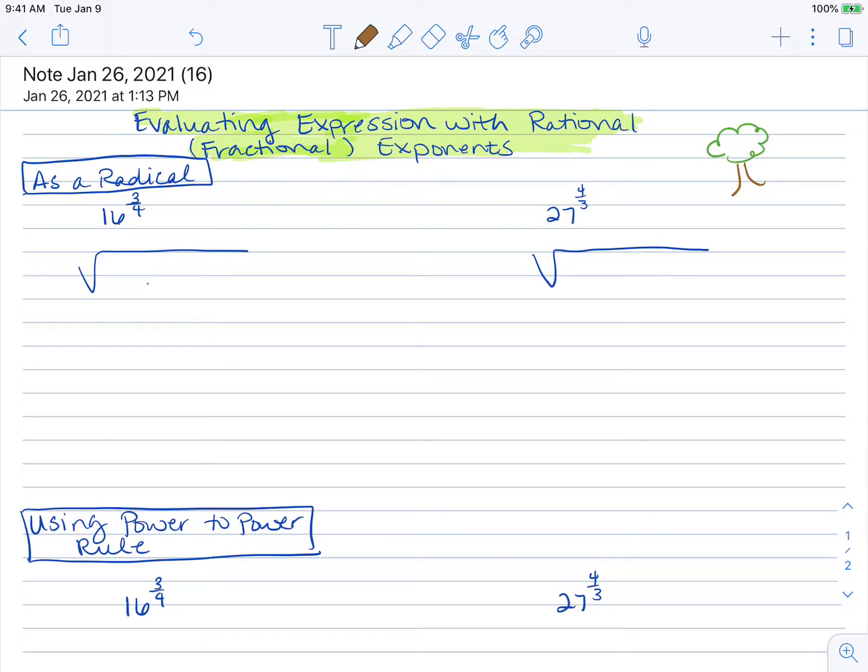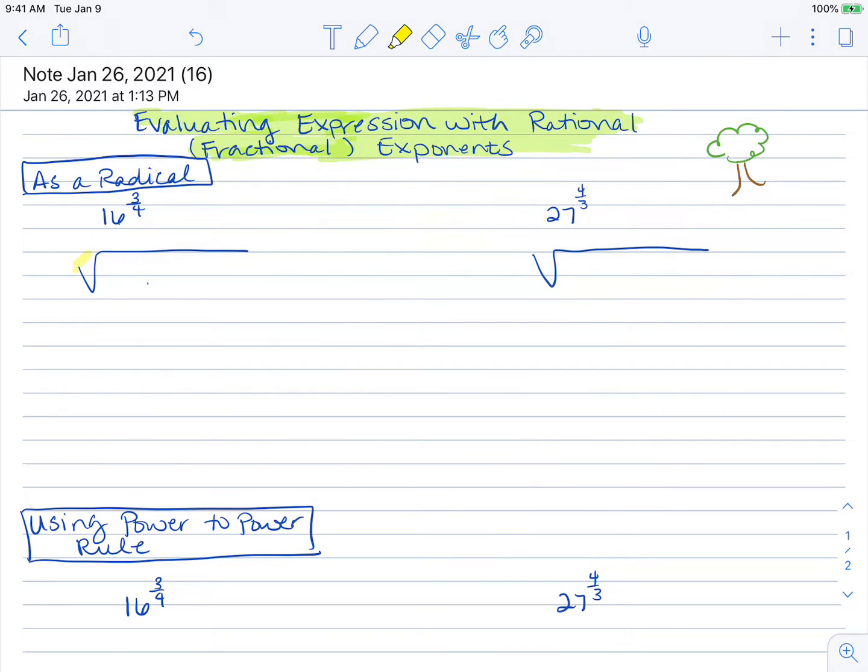Okay, we're going to evaluate expressions with rational exponents. So if I'm given something like 16 to the 3/4, I can rewrite that as a radical. I just have to remember that my root is what goes right here.